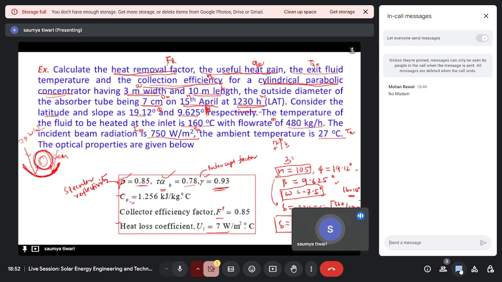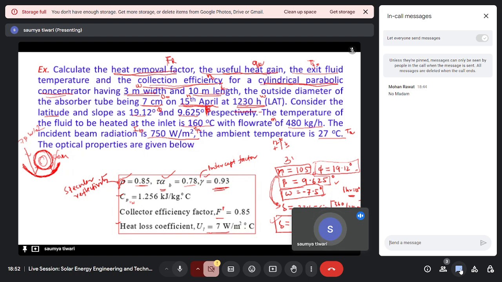Now let's see what else we can get from this question. We have the date, 15th April. We can calculate the days from the 1st of January, that will be 105, and we can calculate the declination angle for this particular day, right? The beta is already given, and the phi is already given. What else, the angles we want to know?